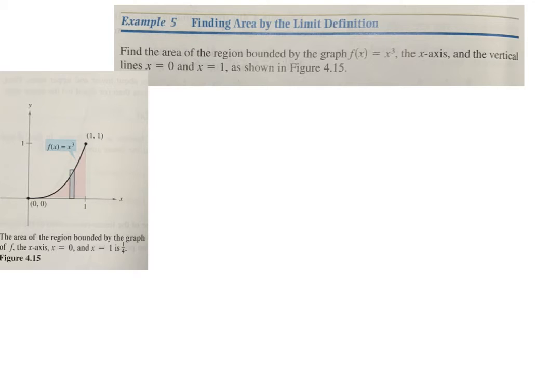My area is the limit as n approaches infinity of the summation from 1 to n. And I don't know what n is, but we're going to do it as it approaches infinity. So we're going to leave it as an n, delta x. Now, in order to do this, I need to find my delta x.